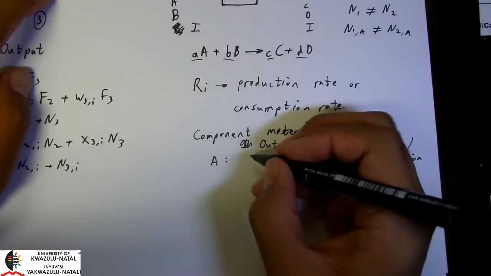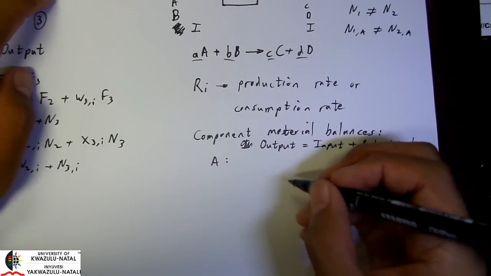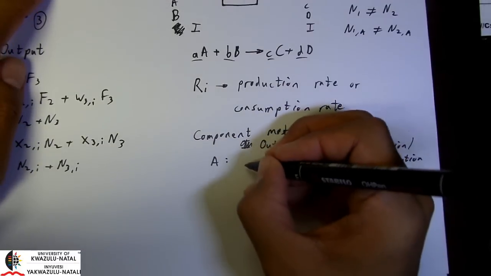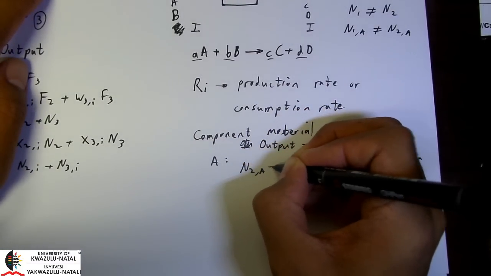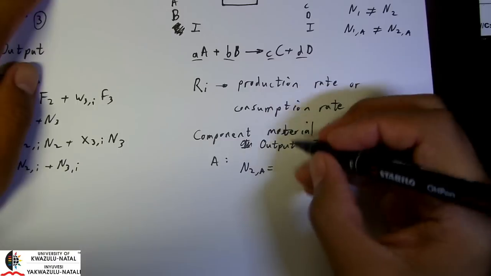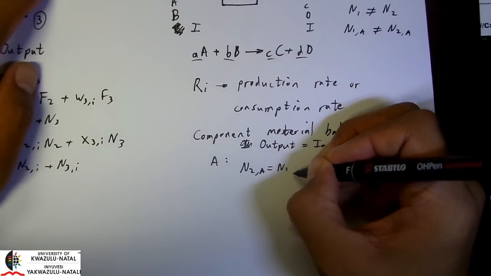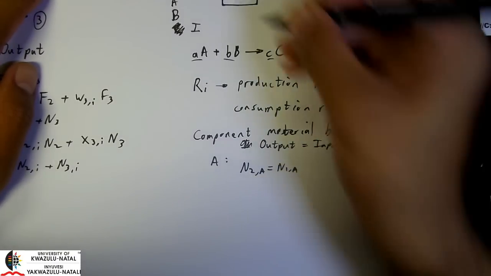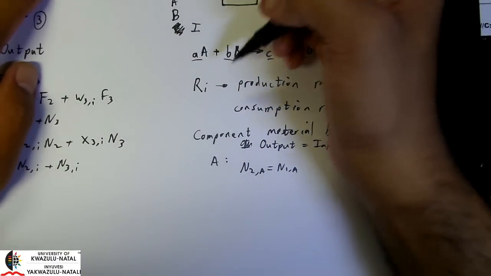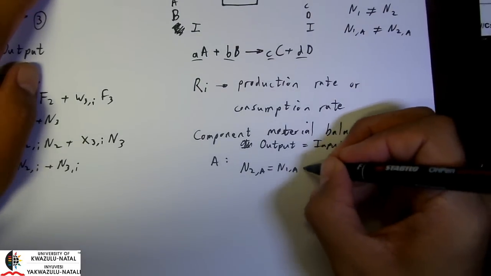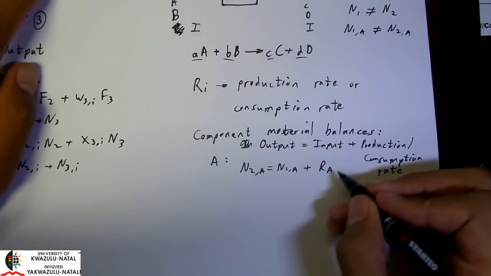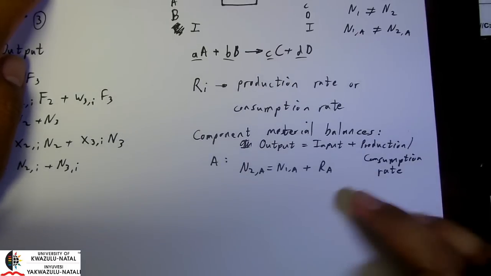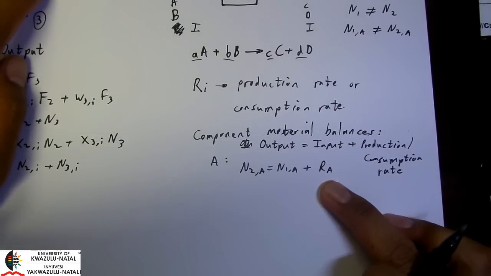So in the case of component A, our output can be expressed in terms of N2A, and that will equal N1A, what came in, plus whatever happened in the reactor, and that will be represented by our consumption rate, RA.